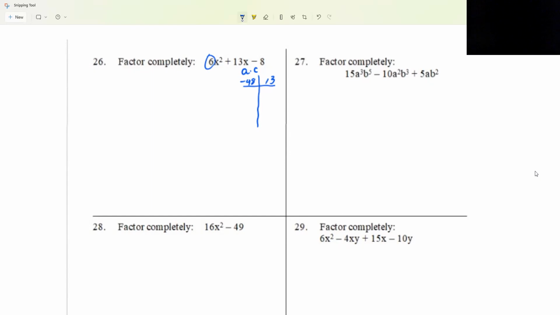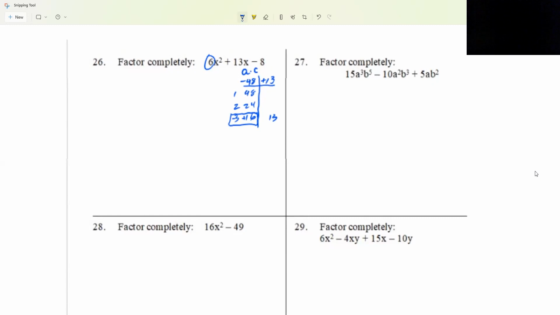You got 1 and 48, 2 and 24, 3 and 16. That's going to be the pair right there, because that has a difference of 13. Remember, since that's positive, that's telling me the large number is the positive.